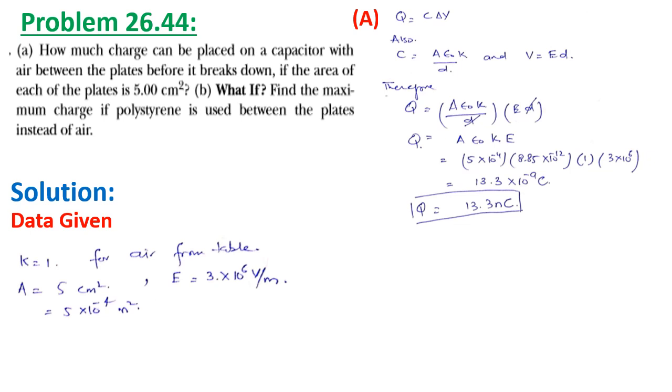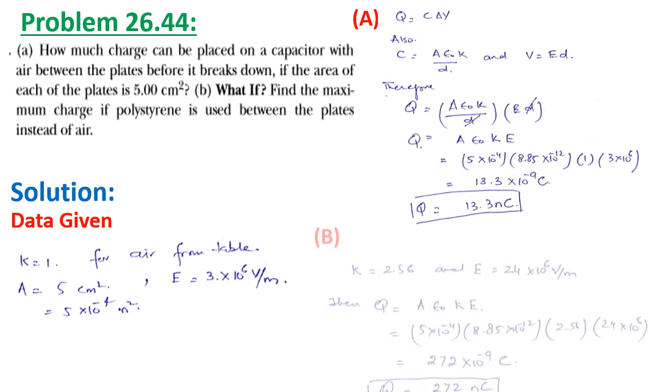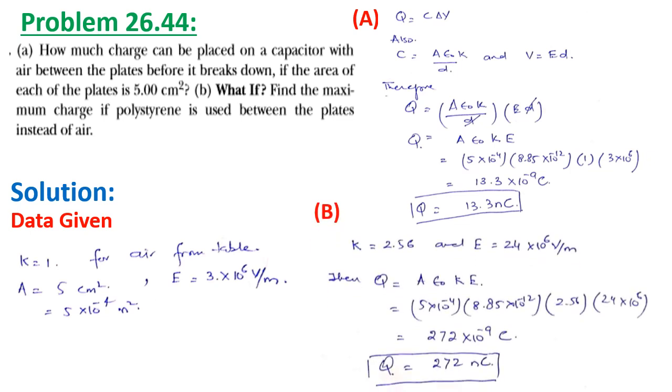Now for part B, I'll replace this air with polystyrene. So the kappa of polystyrene will be given, and then according to that kappa, you know the value of E. So the value of kappa for polystyrene is 2.56, and accordingly E is 24 into 10 raised to the power 6 volts per meter.